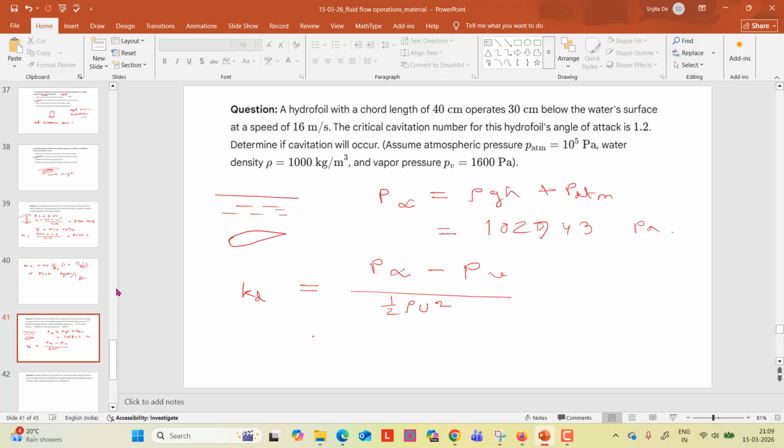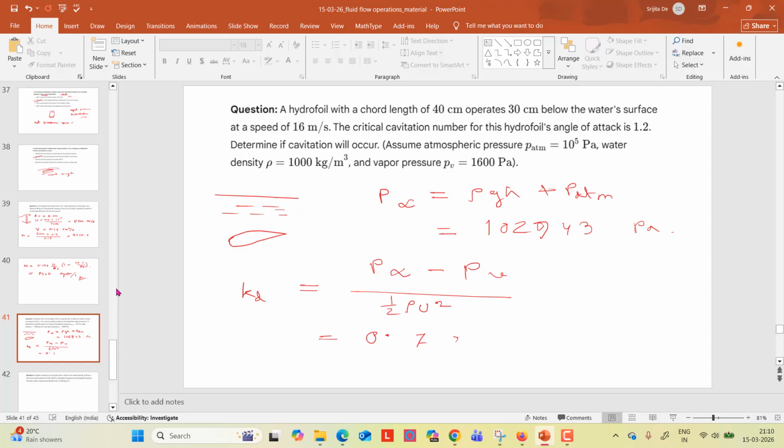So the vapor pressure is given as 1600, divided by half into 1000 into U square, with U equal to 16 square. It is coming as 0.79.